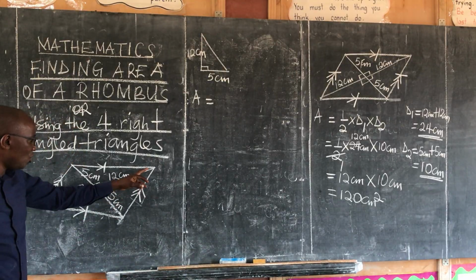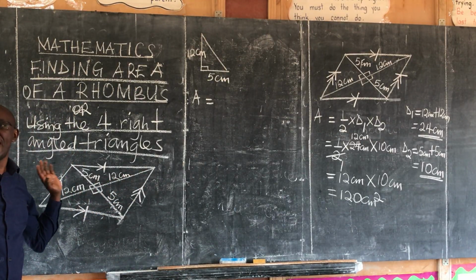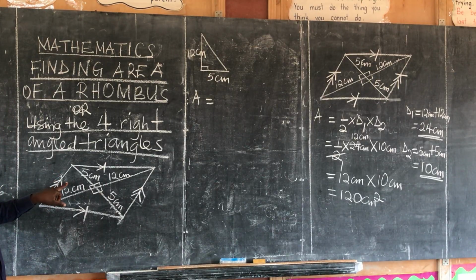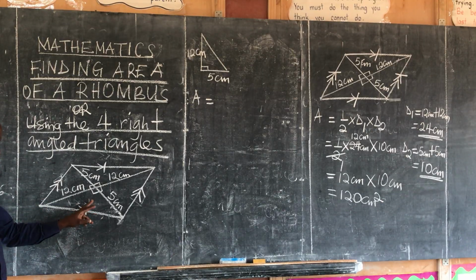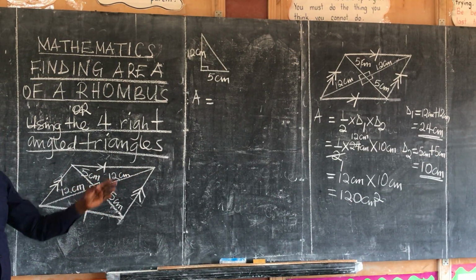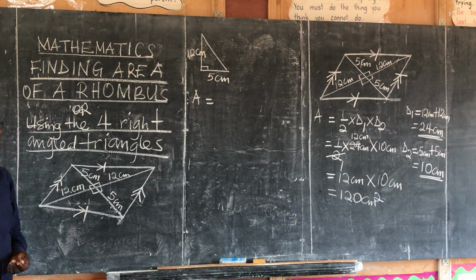You realize that all these triangles have got the same base and the same height. For each triangle the base is 5, the height is 12. So they all have the same base and height.